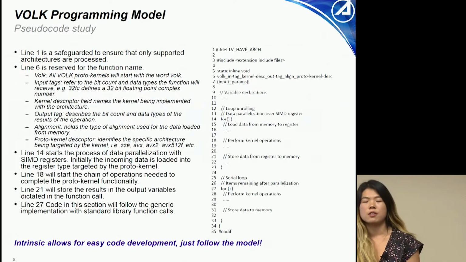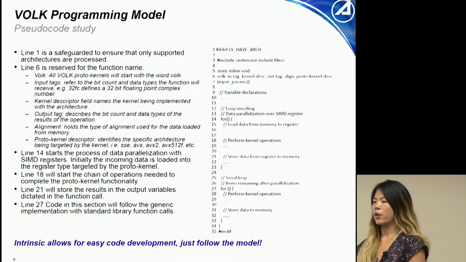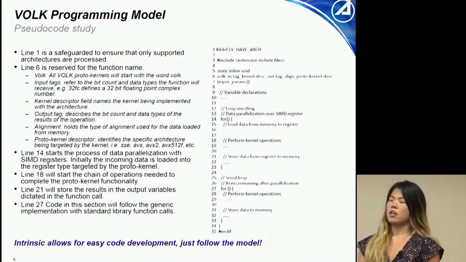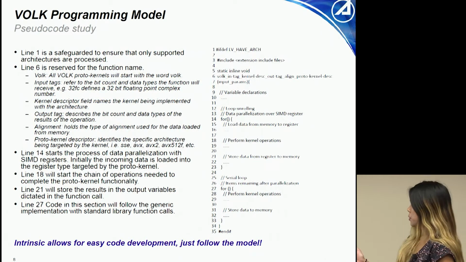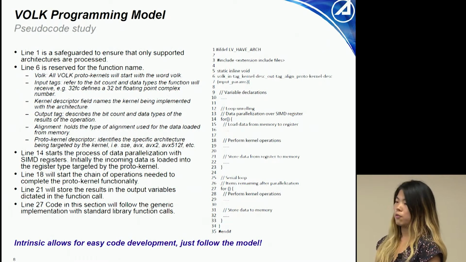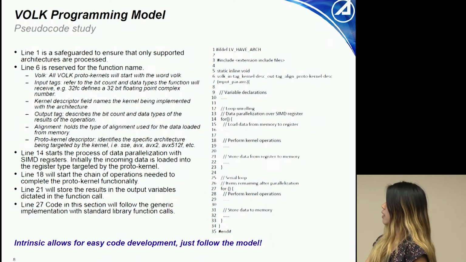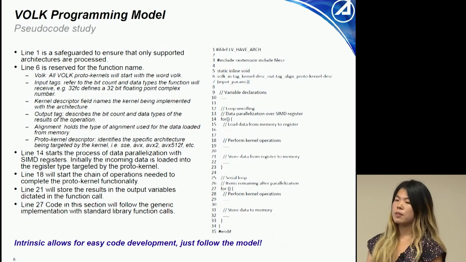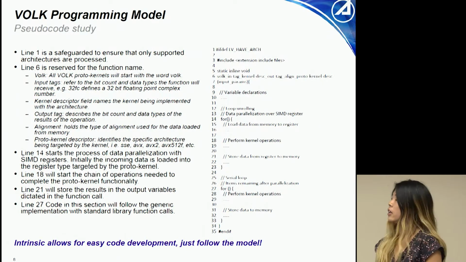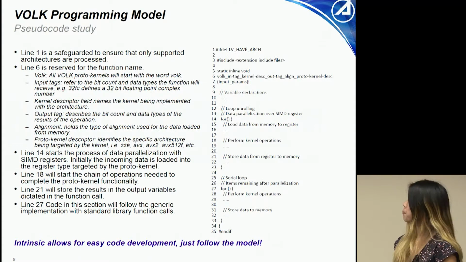So in the next few slides, I'm going to go over basically a programming model for the VOLK intrinsics. It's pretty simple. On the left here, we have basically the pseudocode for one VOLK protokernel. At the top, we have the macro that is basically a safeguard to make sure that only supported architectures are compiling this protokernel.